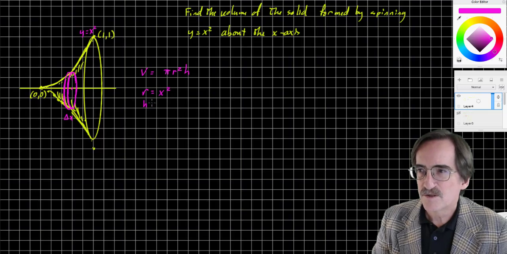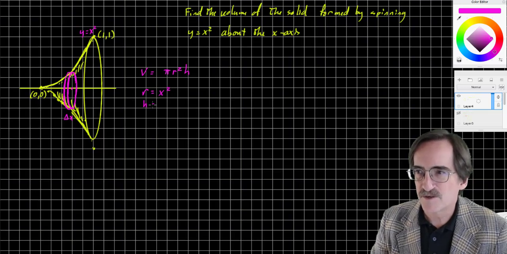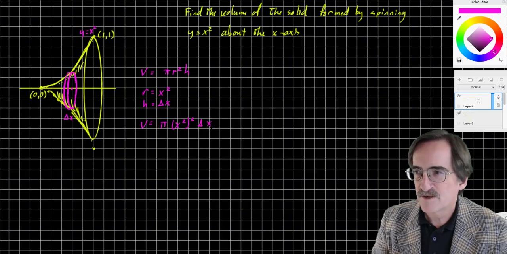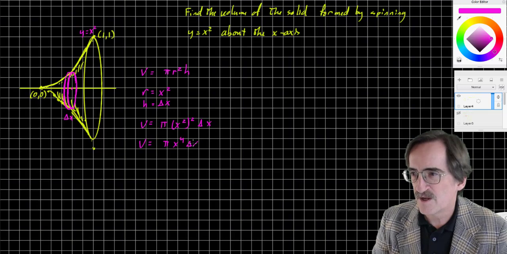H, the height of the cylinder, is delta x. So the volume is pi x squared squared delta x, or the volume in this case is pi x to the fourth delta x.